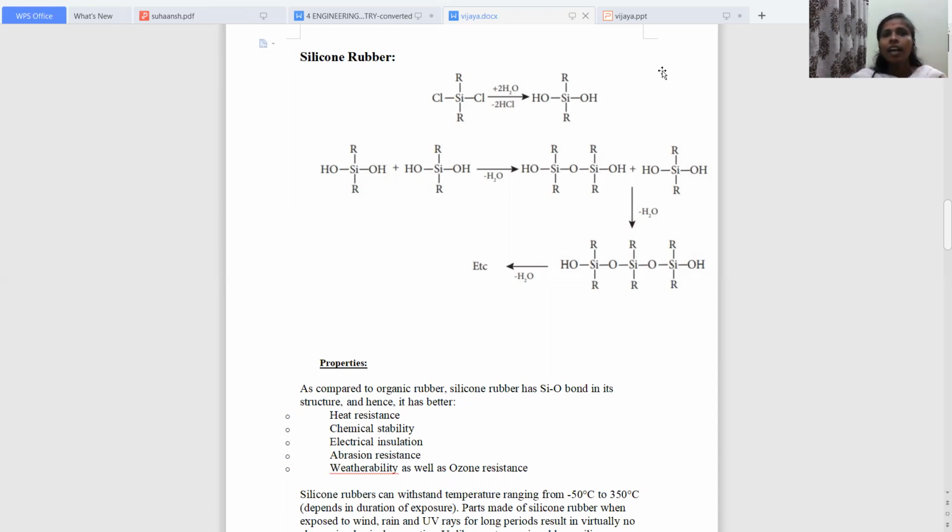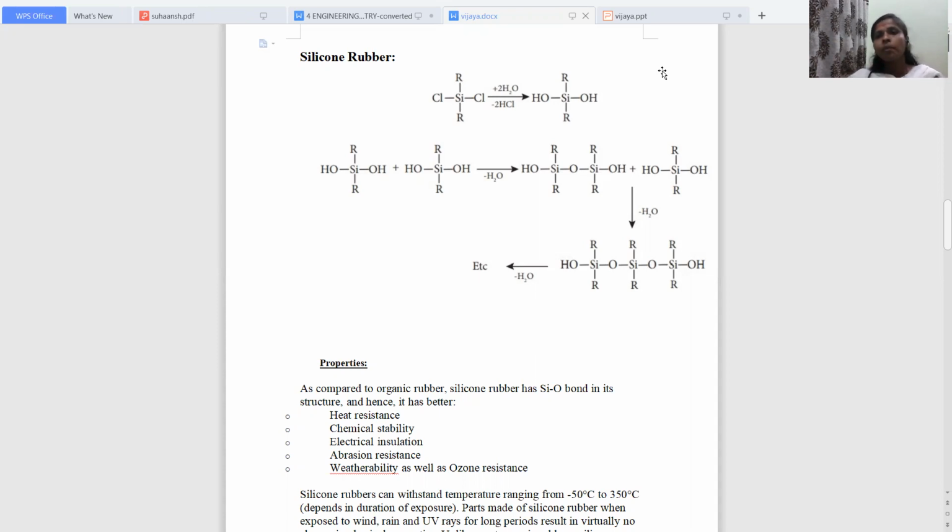So now let us see the last type of rubber, the silicone rubber. Silicone rubber is somewhat different from the remaining types of rubbers. In silicone rubber, we are using only one monomer unit, and that monomer is dimethyl dihydroxysilicone, or dialkyl dihydroxysilicone.